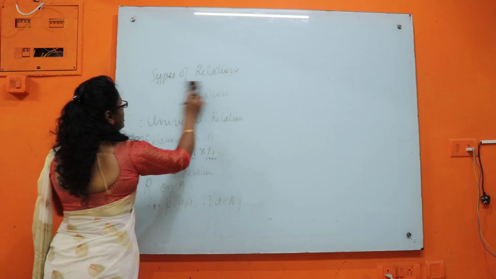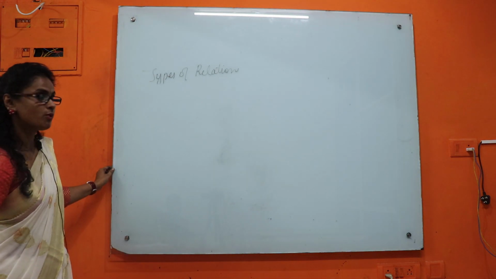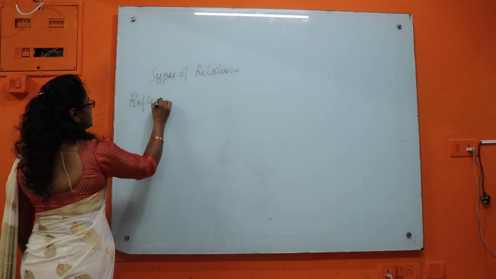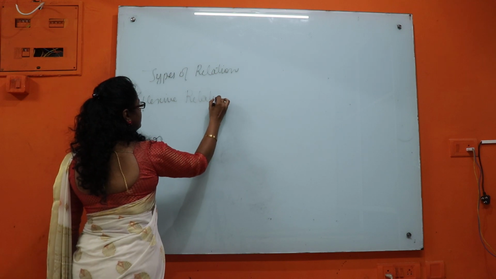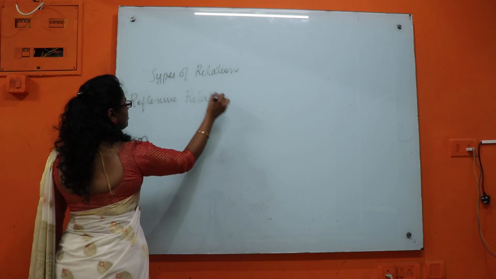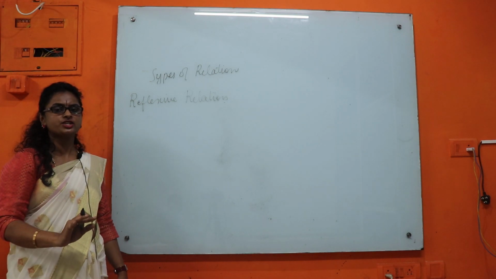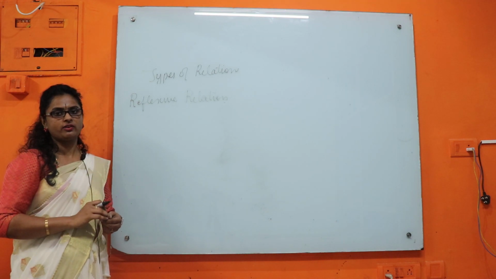Now, the next type of relation is a reflexive relation. What do you mean by this reflexive relation? I always keep saying reflexive relation is an extended part of an identity relation.